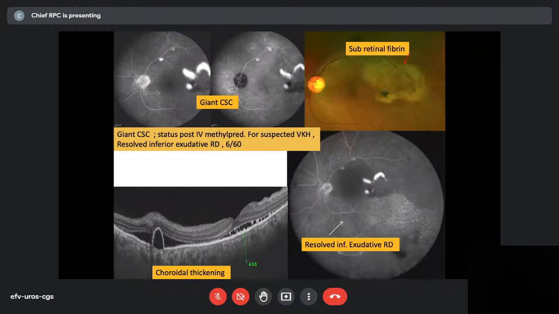You can give Eplerenone, which is a spironolactone-type inhibitor, which helps reduce the fluid in the subretinal space. This is a limited treatment. You can start at 25 BD, then go to 50, and monitor potassium.